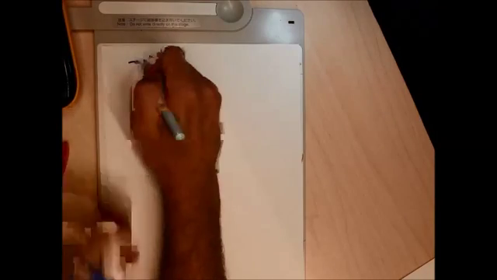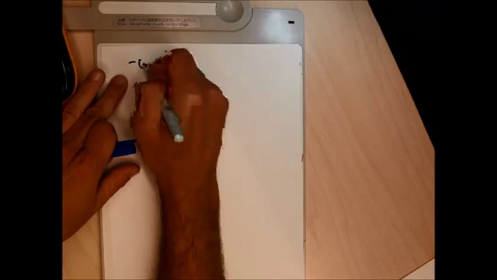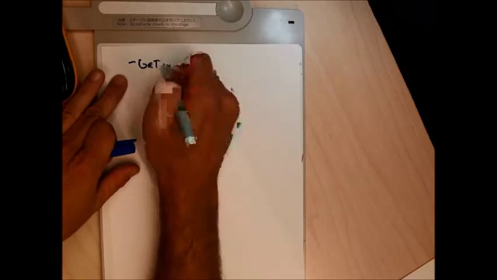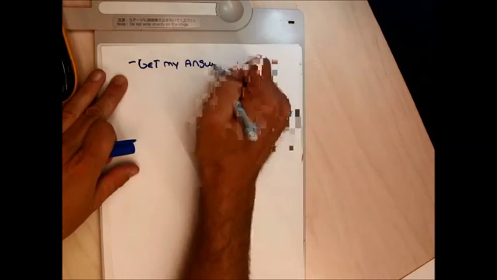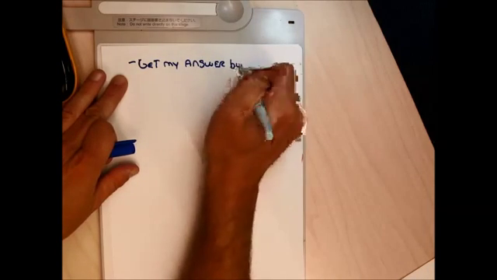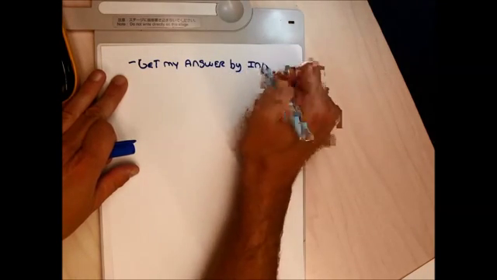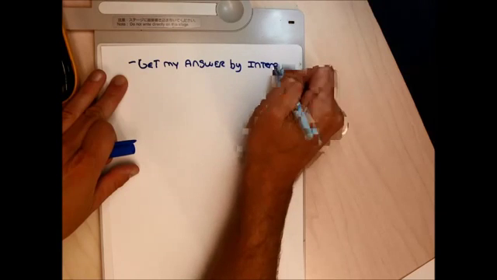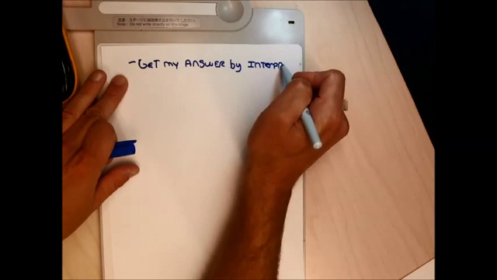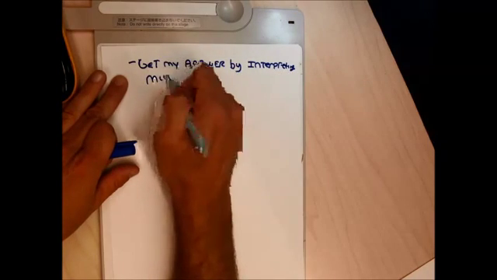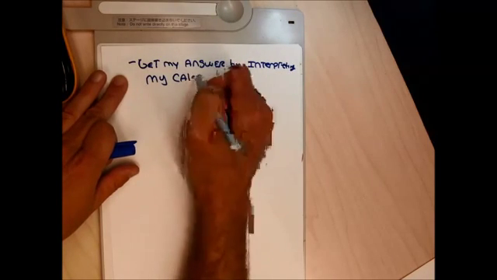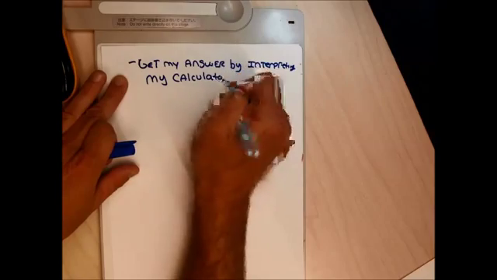Lastly, I need to interpret my calculator's work. I'm going to get my answer by interpreting my calculator's work.